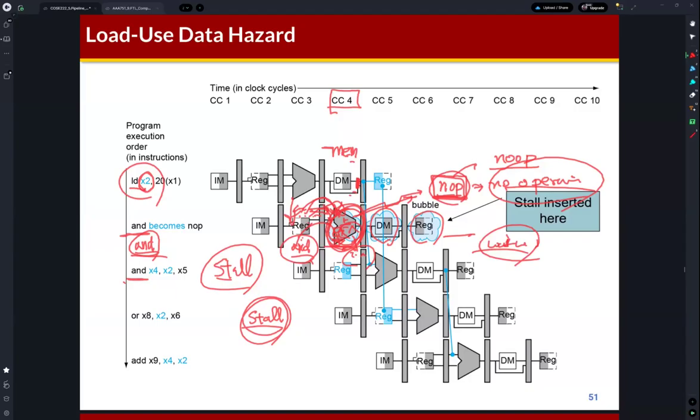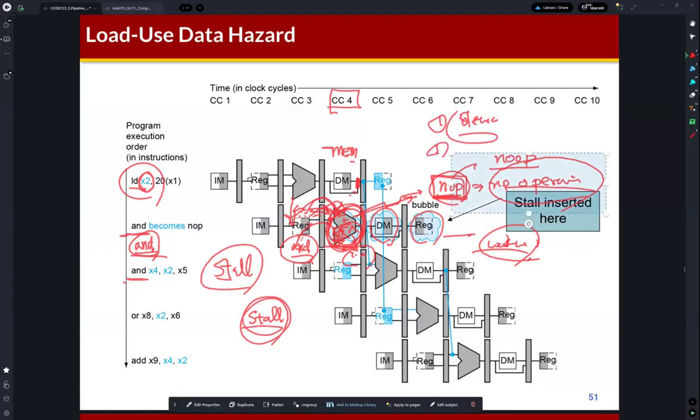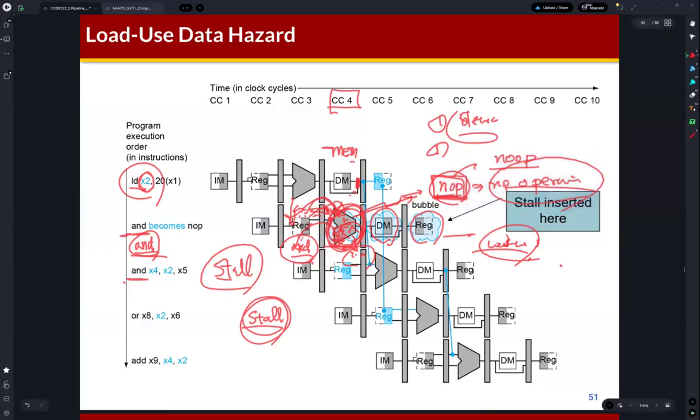So if the load use data hazard is detected, firstly we need to detect, right? Then second, we need to handle it. If the load use data hazard is detected, then the following instruction stays in the ID stage, and a nop is generated in the EX stage.